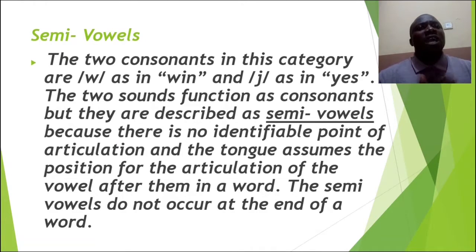The two sounds function as consonants, but they are described as semi-vowels because there is no identifiable point of articulation, and the tongue assumes the position for the articulation of the vowel after them in a word. The semi-vowels do not occur at the end of a word, but at the beginning of a word.